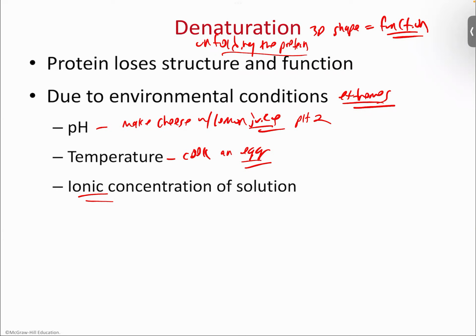And so you can see that our use of pH, temperature effects, and ionic concentration is a way to kill a protein at extremes. Remember, these are all extremes. At lesser degrees, all you do is just inactivate the enzyme, not kill it. Okay. So here's a good example. If you take a look at protein, right?